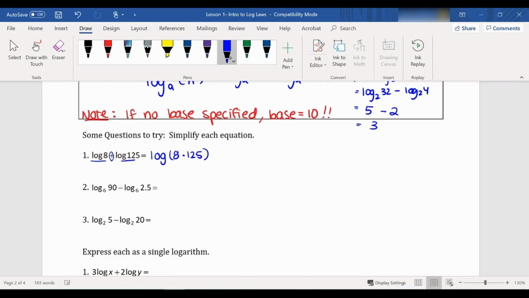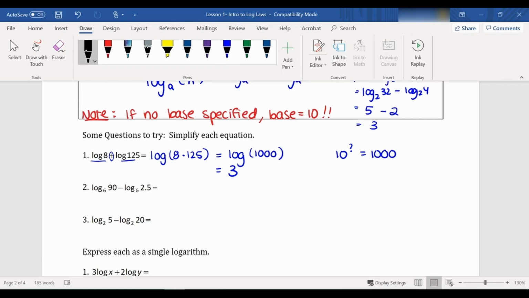Again, we don't have to write 10. You can, but this is a log base 10. Now, if I actually multiply 8 and 125, I get 1,000. And so what I'm trying to figure out is 10 to what power gives me 1,000? Well, 10 to the power of 3 gives me 1,000. So this would equal 3.